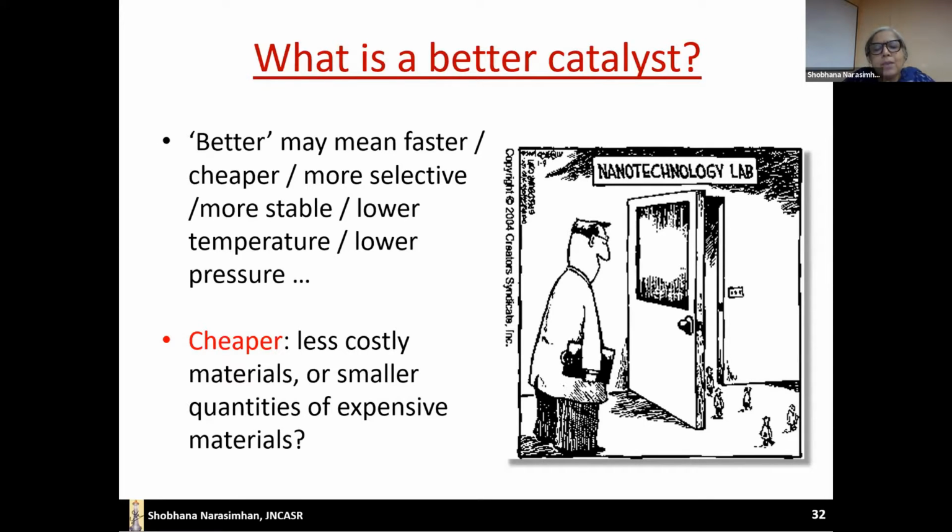It might help the reaction take place at a lower temperature or lower pressure. By cheaper, it could mean that you need less costly materials, or you might need smaller quantities of very expensive materials. So that's why I put this joke here about the nanotechnology lab, because nowadays a big trend is to use nano catalysts, where you use really, really tiny catalysts.